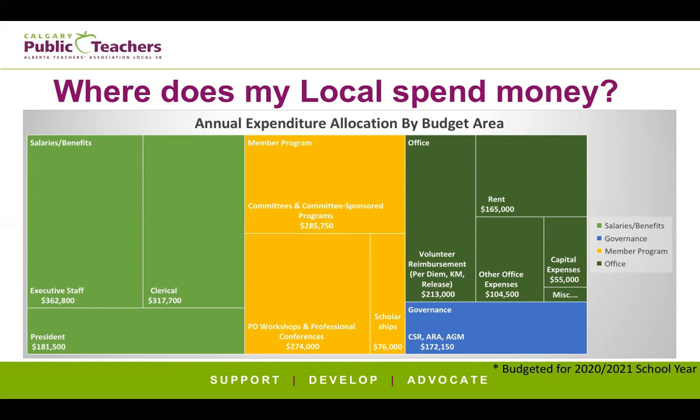So these are your local committee members, your council of school representative members, and there's a small amount for miscellaneous expenditures. And then there's a large amount set aside for governance. We have to be able to plan for annual general meetings, for council of school representative meetings, and for sending members to ARA.